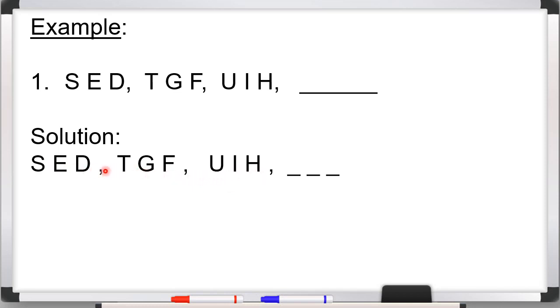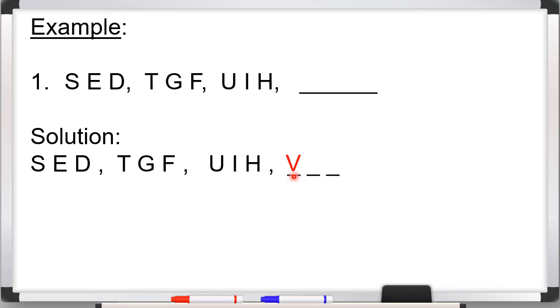See here in first group, first alphabet is S. Here in second group, first alphabet is T. Here in third group, first alphabet is U. Then what will be the next alphabet after U? That is V. S, T, U, V. So we will write V here.